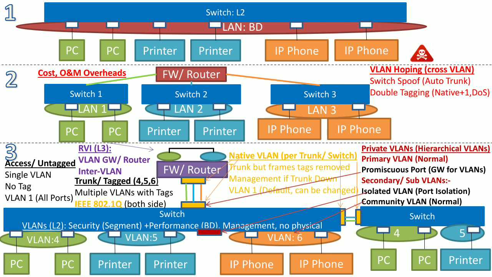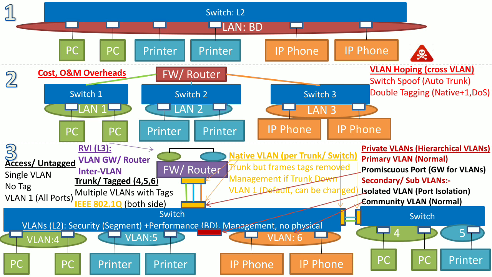Now the second method is double tagging. An attacker would attach two VLAN tags to a frame. The first VLAN tag would be of the native VLAN, and since the attacker knows that the native VLAN is mostly VLAN ID 1, he will attach the tag of VLAN ID 1 to the frame, and then attach another VLAN tag behind this first tag, of the target VLAN.